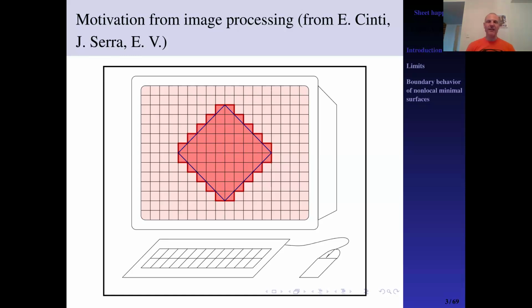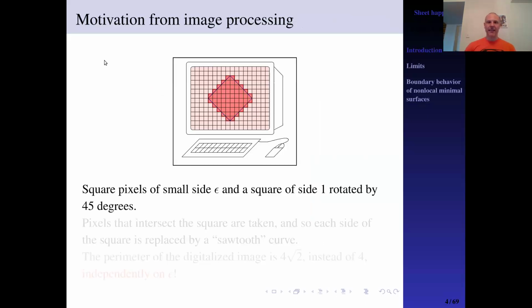Artificial intelligence will tell me what is the perimeter of a square. Okay, and then your computer is very expensive. It has a screen, it has pixels. The pixels are very small because the resolution of the screen is very high. So the idea is that your pixels are of side epsilon, your square is of side 1. So we know, after all, that the perimeter of the square must be 4.